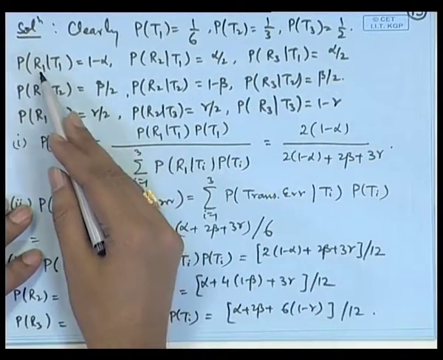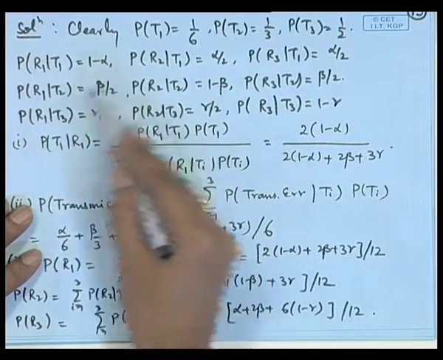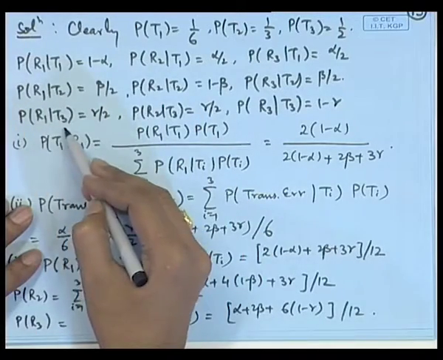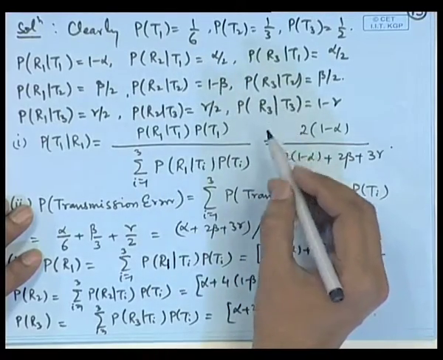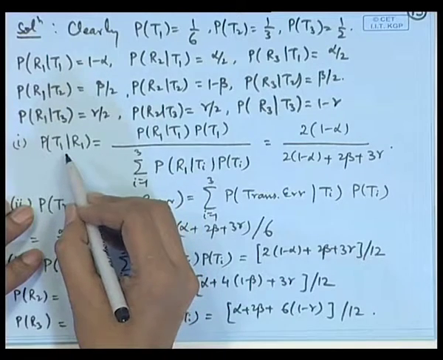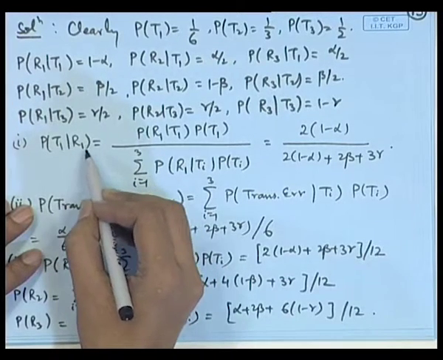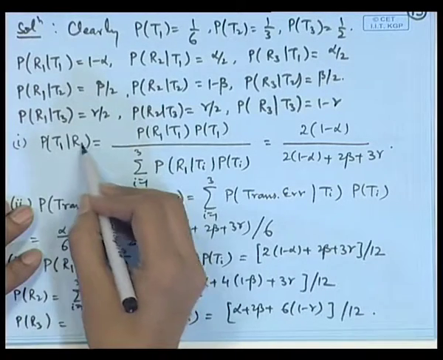Further, it is given that the conditional probabilities of R 1 given T 1, R 1 given T 2, R 1 given T 3, R 2 given T 1 and so on are known. Now, if we look at probability of T 1 given R 1, that means the digit 1 is received, what is the probability that 1 was sent?